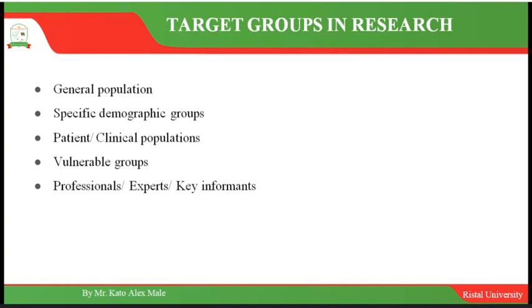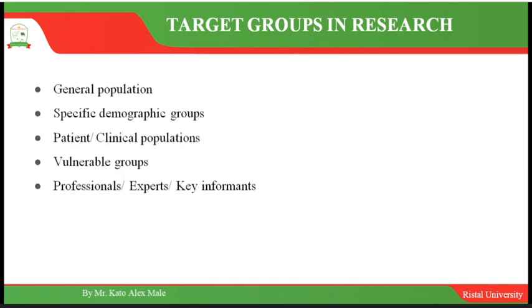We can have age groups which lie under specific demographic groups. However, they are also vulnerable because of that age group. That age group alone makes them vulnerable. For example, the aged people who are 65 and above, the elderly, are vulnerable to very many conditions.